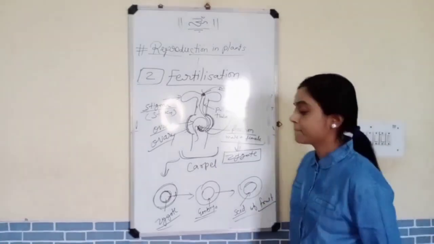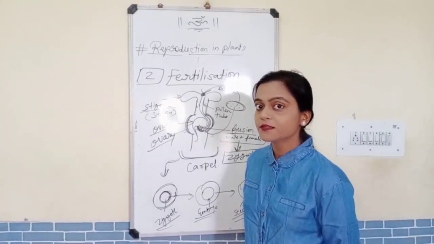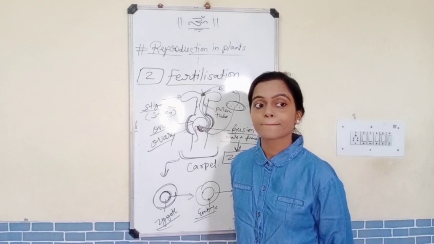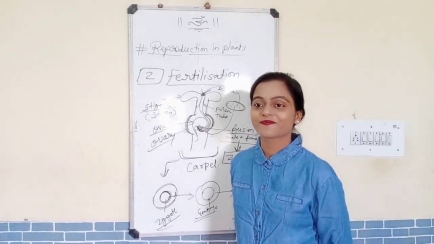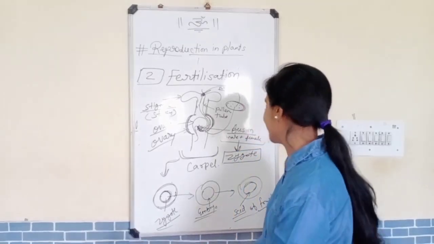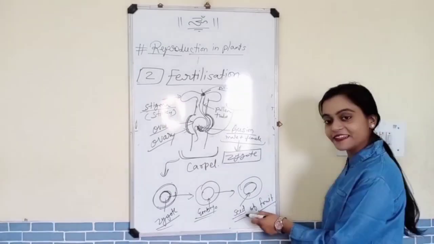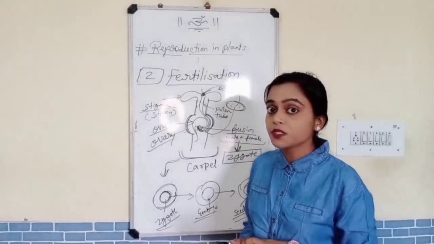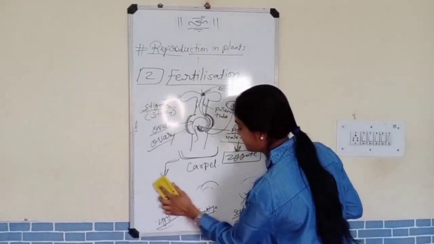So, have we completed the formation of fruit? Any question? Yes? Yeah, so far we have learned only the formation of the seed. So where is the eaten part of the fruit? I am going to tell you.